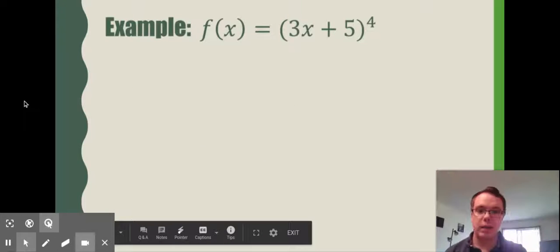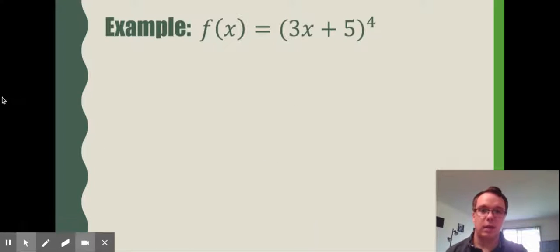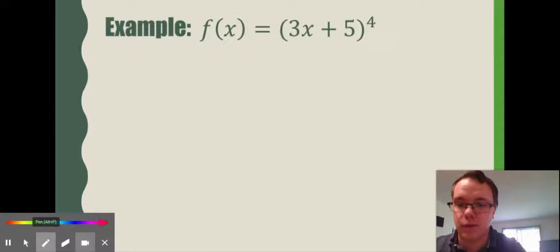So here's our example. f(x) equals (3x + 5) to the 4th. Instead of having to box this potentially 4 times, we're going to use the chain rule.